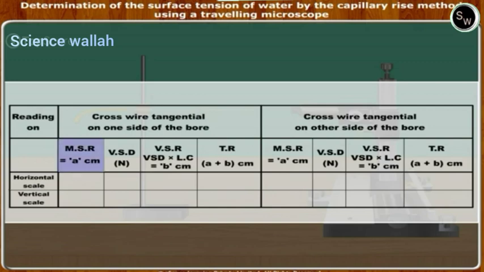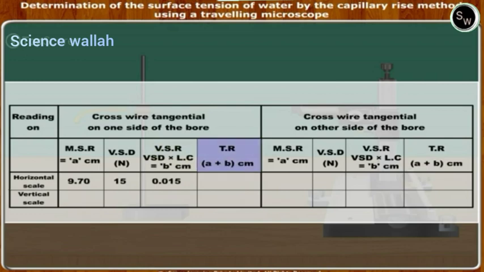Main scale reading A is 9.7 centimeter, coincident vernier scale division N is 15. Vernier scale reading B is equal to N into LC, that is 15 into 0.001 centimeter, which is equal to 0.015 centimeter.